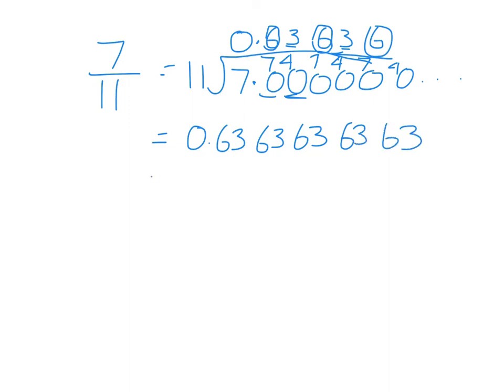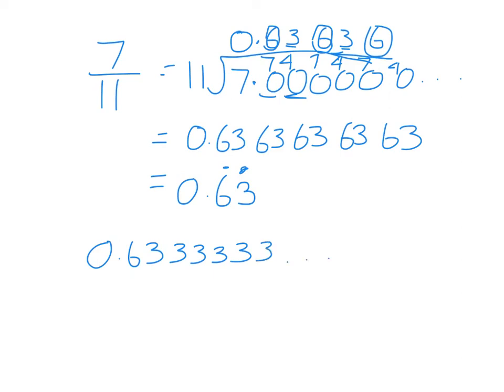In exact decimal form, I write 0.63 with a dot above both numbers, because both the numbers go on forever. I just want to point out that this is different. If I had the number 0.63 and let's say only the 3s went on forever, but the 6s didn't, then I would only put a dot above the 3.